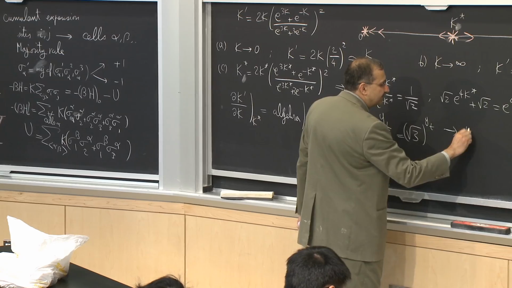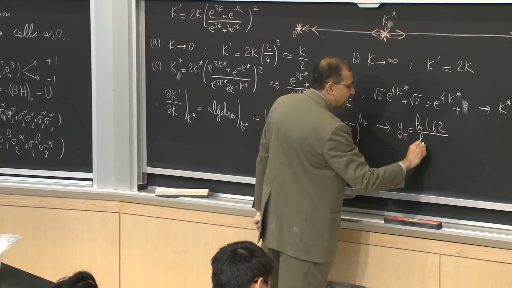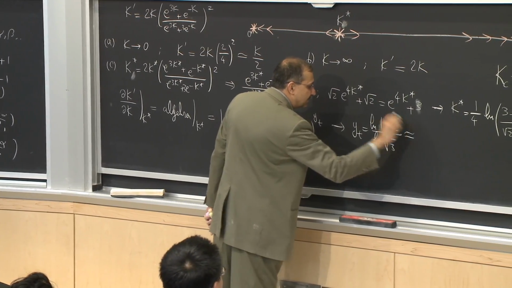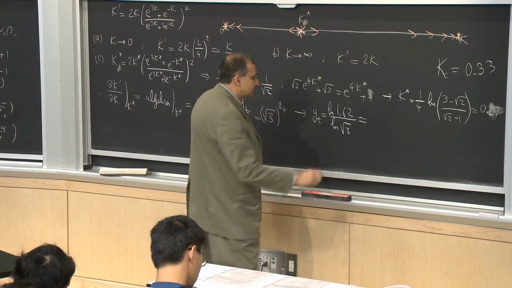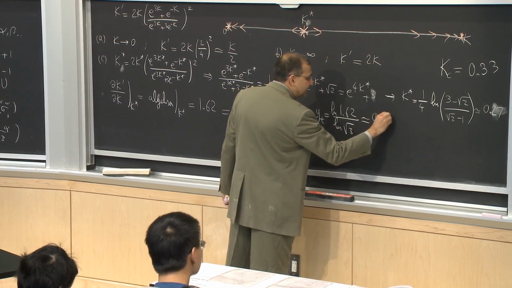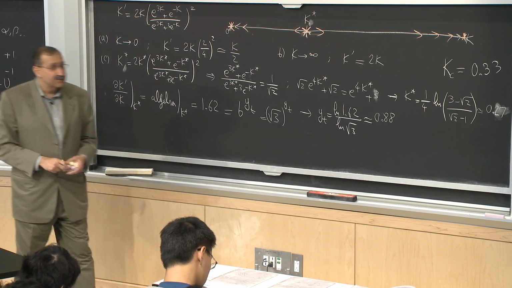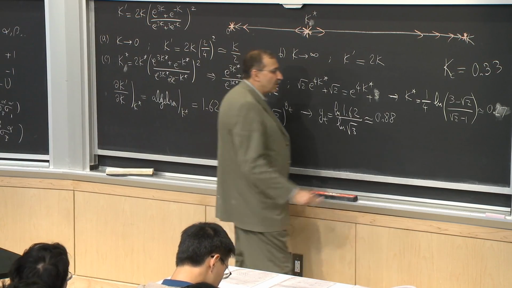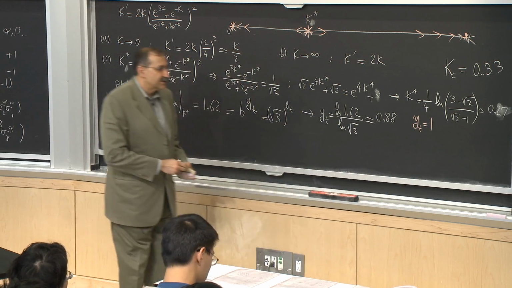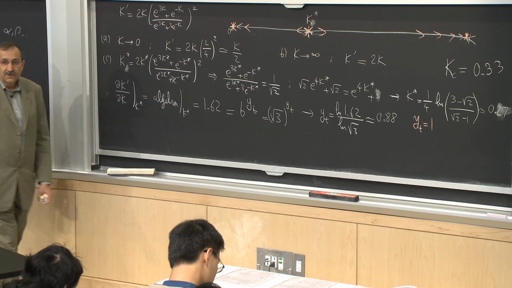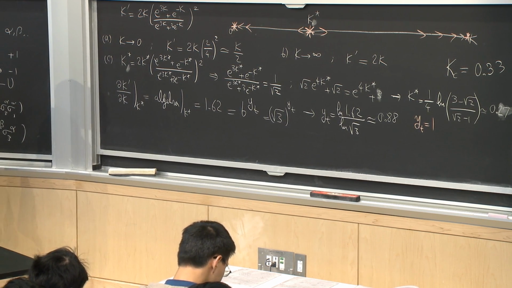So my yt is log of 1.62 divided by log of √3. Again, you go and look at your calculator, and the answer comes out to be 0.88. Now, the exact value of yt for all two-dimensional Ising models is 1. So again, this is an indicator of how good or bad you have done at this order in perturbation theory.